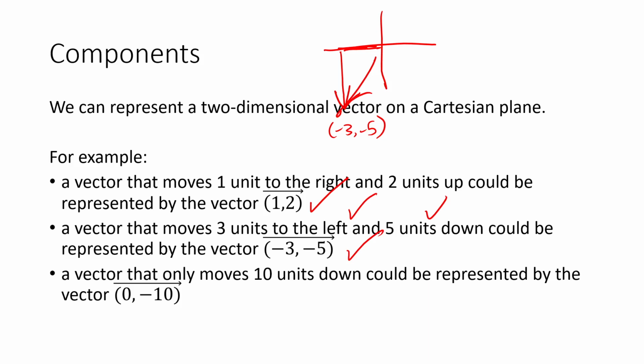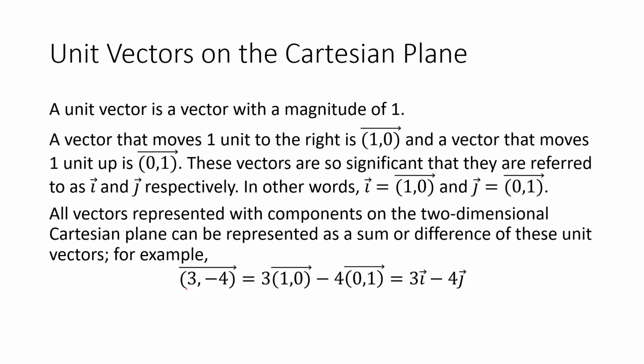And if we had a vector that only moved 10 units down, that would be like moving negative 10 in the y direction, but it didn't move at all right or left, we would call that 0, negative 10. Now, we often talk about unit vectors on the Cartesian plane. If you recall from earlier in this same video, we said that a unit vector is a vector with a magnitude of 1.